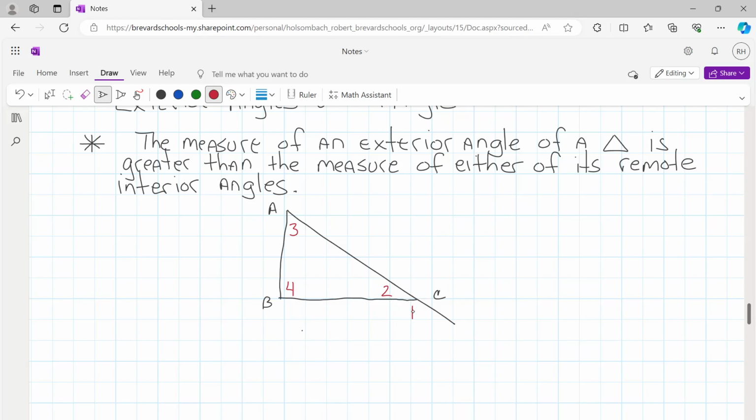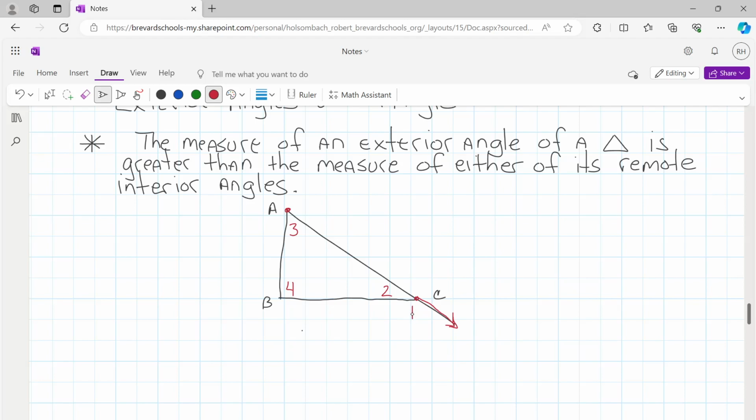We said earlier in the year that an exterior angle is formed by the extension of a side of a triangle and its adjacent side. So if we take side AC and it's extended past point C, which it is here, the adjacent side to side AC, now that we've extended it, is side BC. So BC and AC, with this extension out here, form an exterior angle, angle number 1.